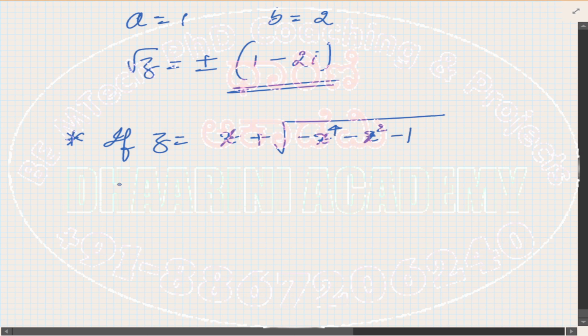If z is equal to this, then root z is what? Root z is equal to, four options are given.